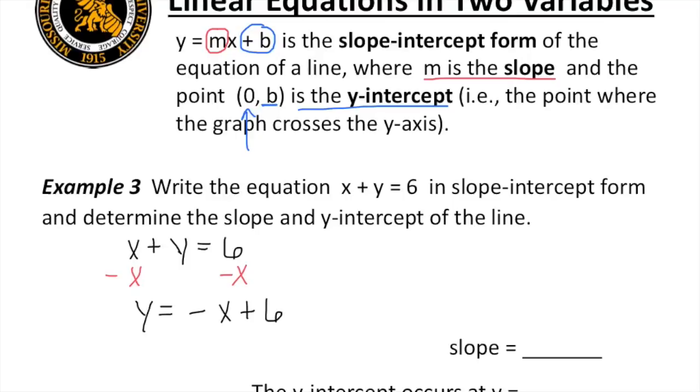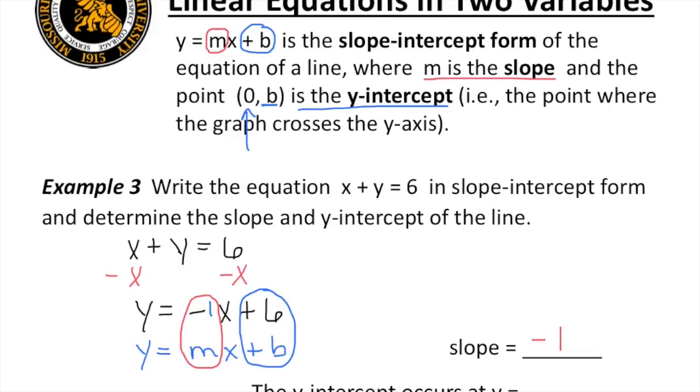So comparing this to the slope-intercept form, which is y equals mx plus b, we can see that the number in front of x is a negative 1, which means that our slope is a negative 1, and the constant term being added to that x term is a 6.